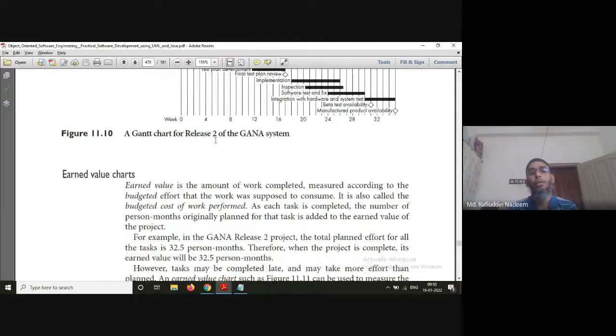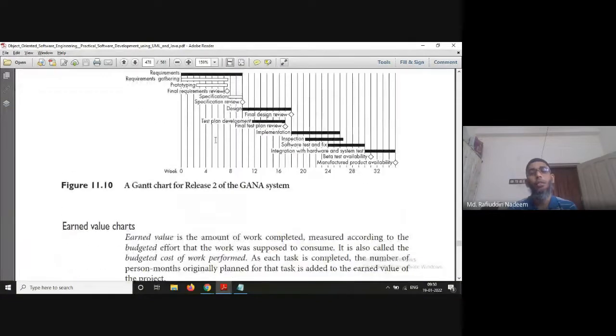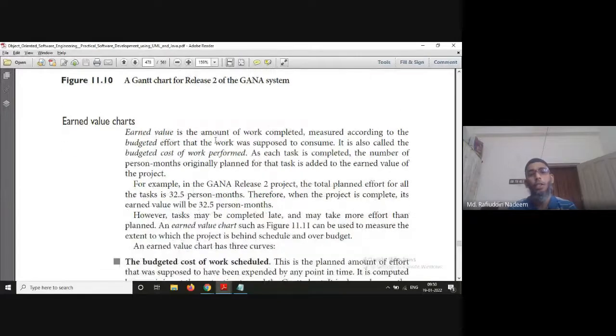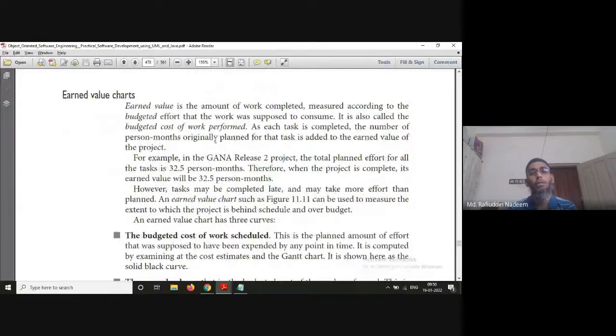Okay. Then after these two types of techniques, which are in general used for scheduling the project, means to specify the schedule of the project, we have the earned value charts. The earned value chart specifies the progress of the work, means how much amount of work has been completed, measured according to the budgeted effort that the work was supposed to consume.